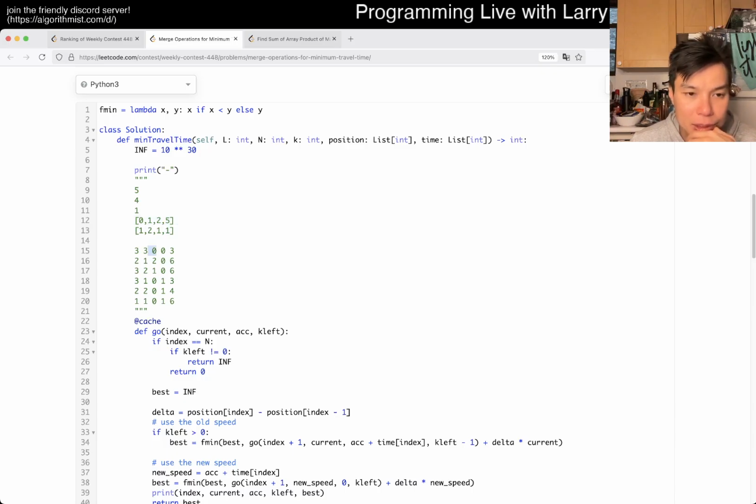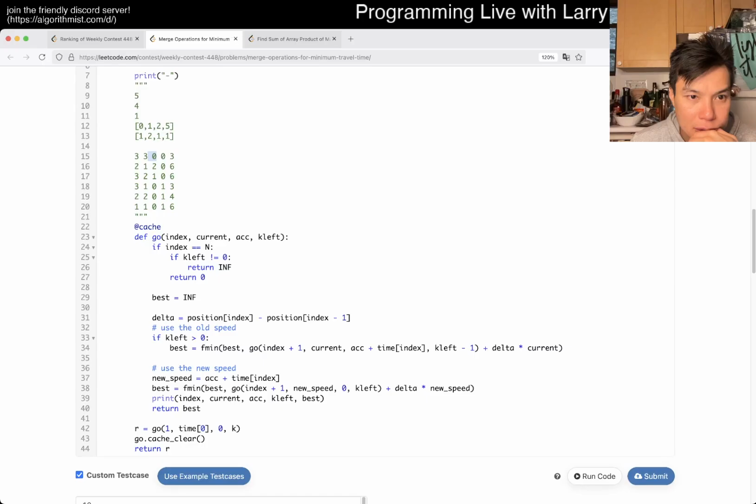But if the current speed is 3, 1, 3, so then now it goes backwards. Yeah, no, the current delta is already 3, so that means that it is multiplying by 1. Why?